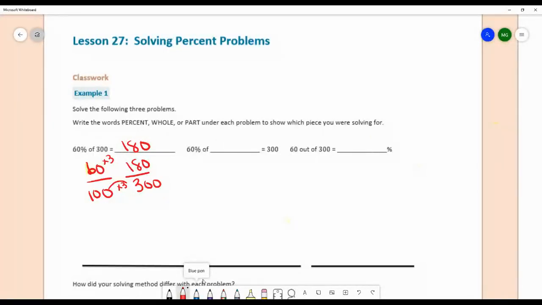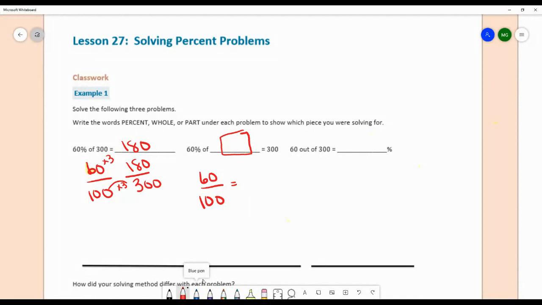Let's go to the second one. The second one says 60% of something is 300. So in this one, we have 60%, so 60 out of 100. So notice this is my part to my whole. And then on the second side, we have our number we need to find.